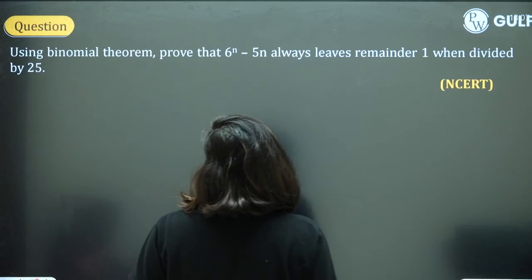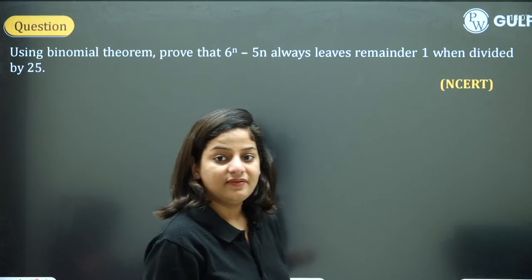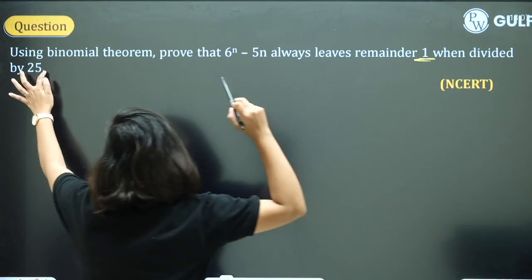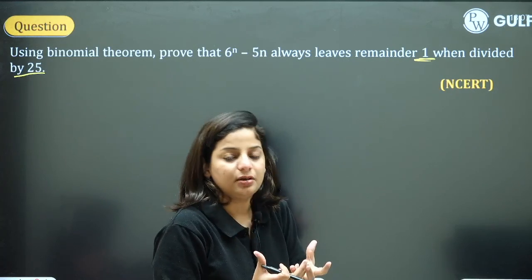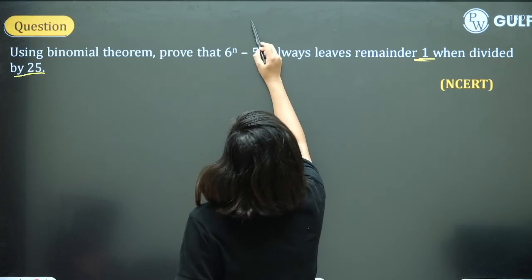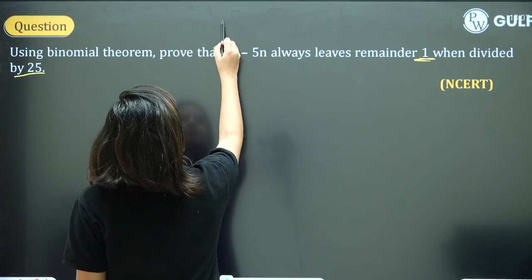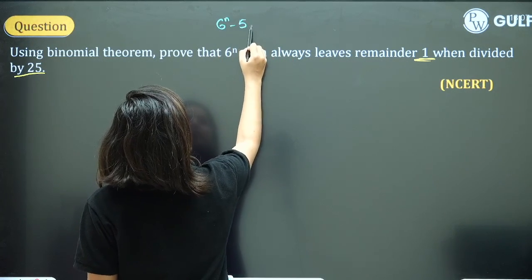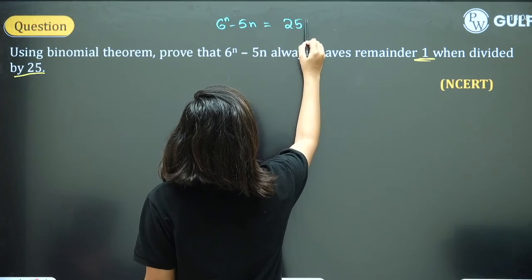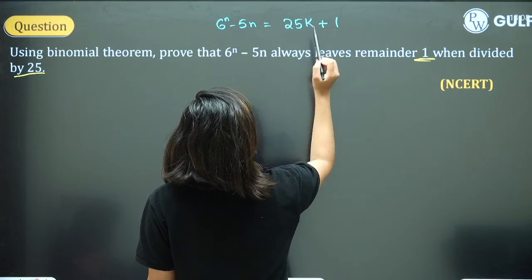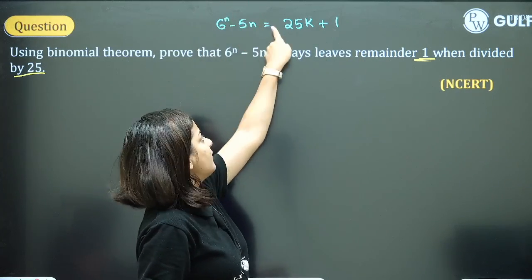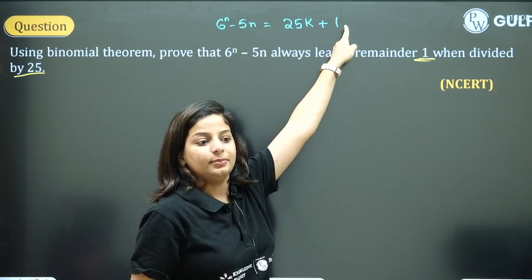Using the binomial theorem, prove that 6 raised to n minus 5n always leaves a remainder when divided by 25. Now, how do we conclude that something leaves a remainder 1 or k in general? When the number 6 raised to n minus 5n is equal to 25 times k plus 1, then we can say that when this number is divided by 25, it will leave a remainder 1.